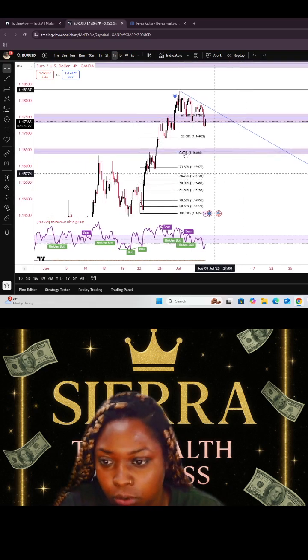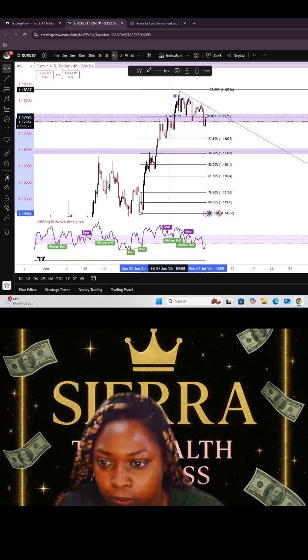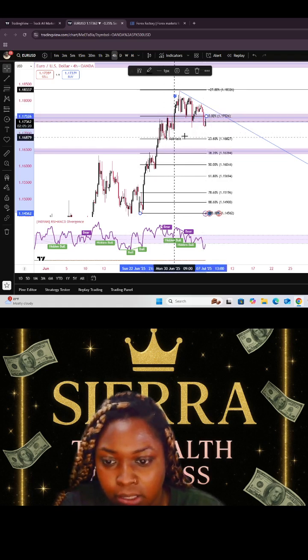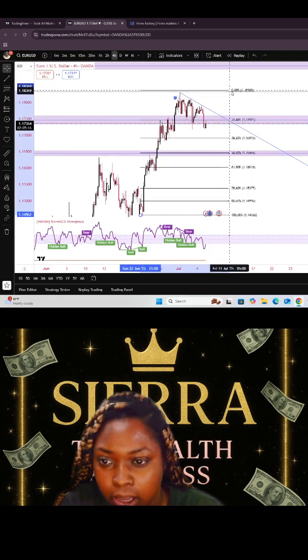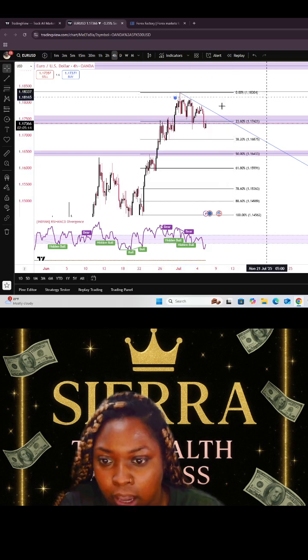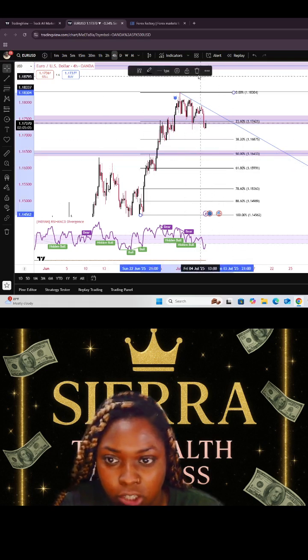This is Euro USD. Now I can pull my zero up here back to this little pullback. Same thing, 23.6. Now I pull it up here to this last high, and it's at 23.6, but it's trying to break it. So I want to see it come down here to this 50%. Okay. So we'll take EU and GU.